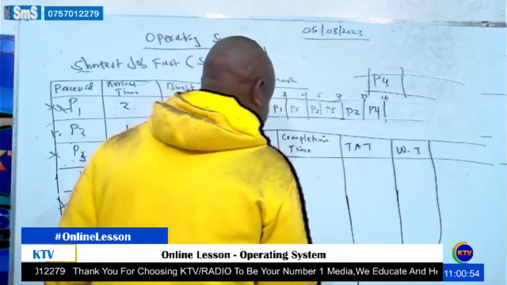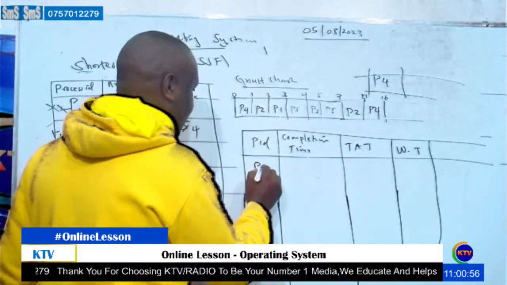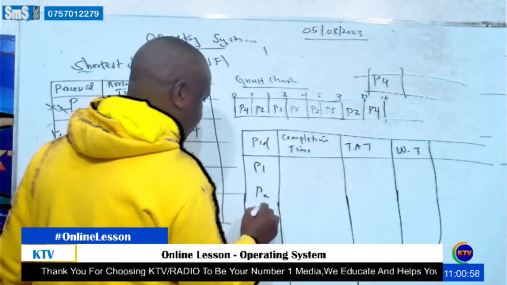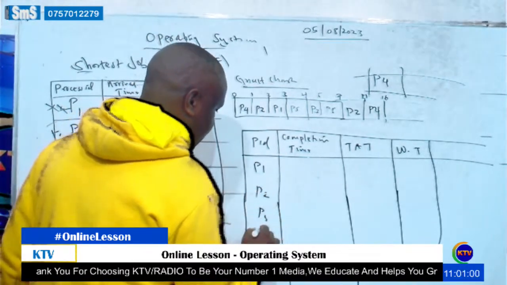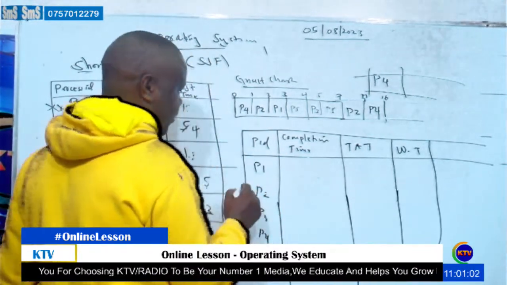So let's now look at the processes. We have process 1, process 2, process 3, process 4.